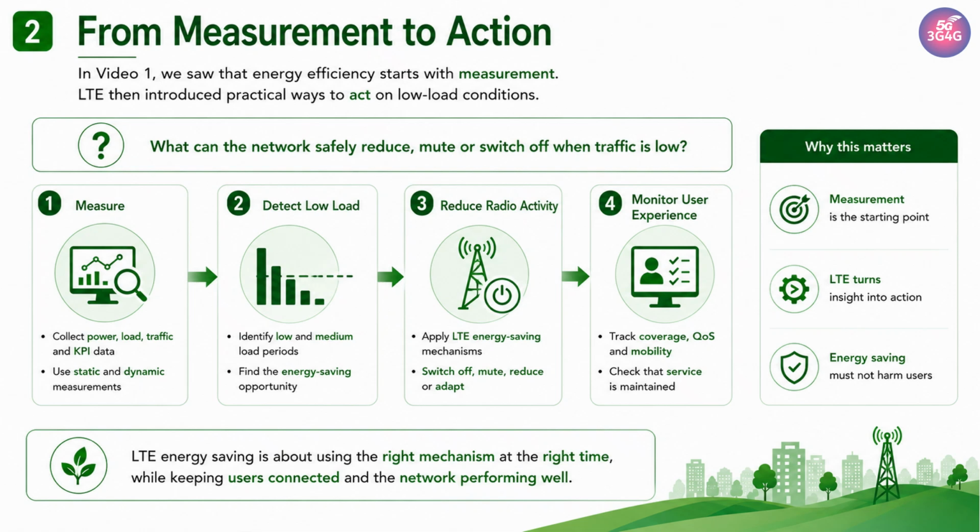Fourth, monitor user experience. Check coverage, QoS, mobility, and service continuity to ensure the energy saving action has not created a new problem. That is the central idea for this video. Use the right mechanism at the right time in the right place.